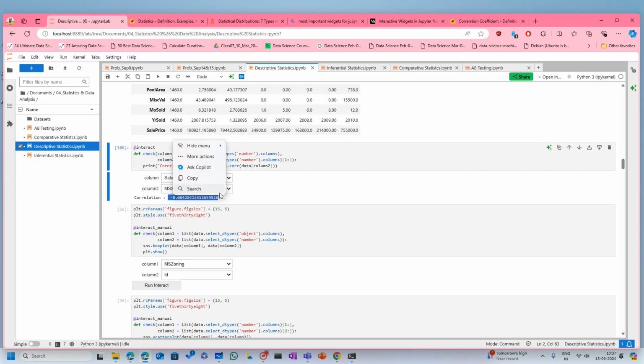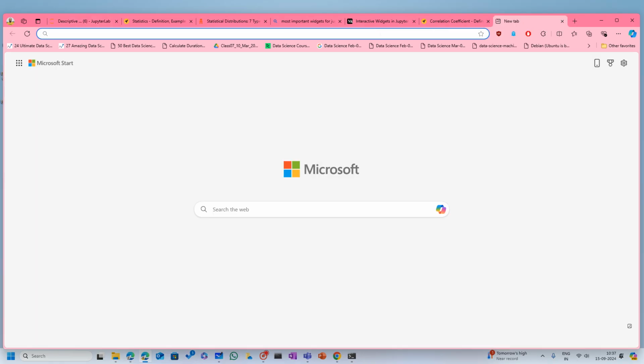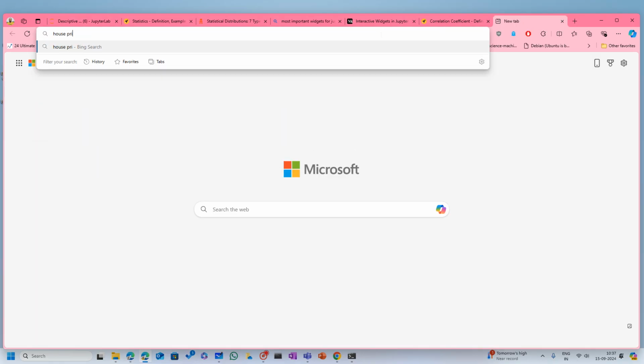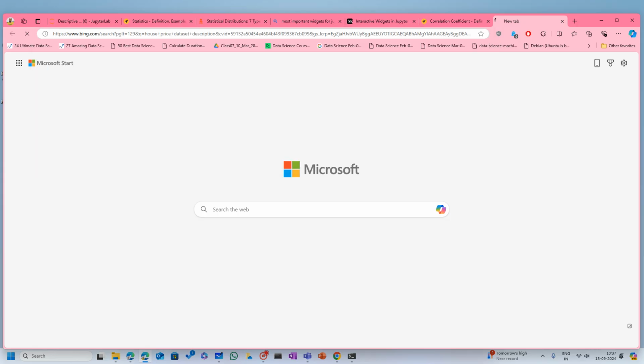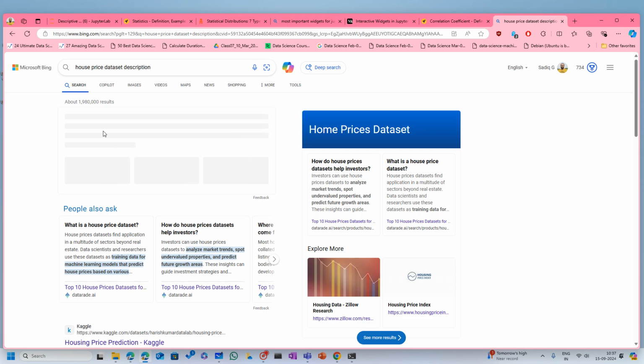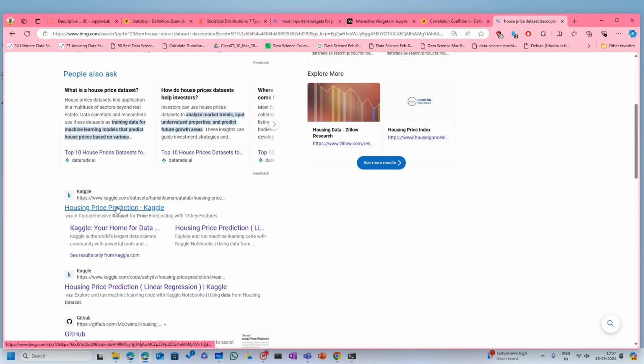So MS subclass, whatever that stands for, okay, house price data set description. So if you run this, you have all the description of that data set somewhere here, either on Kaggle or wherever it is. You can go through what each column stands for.